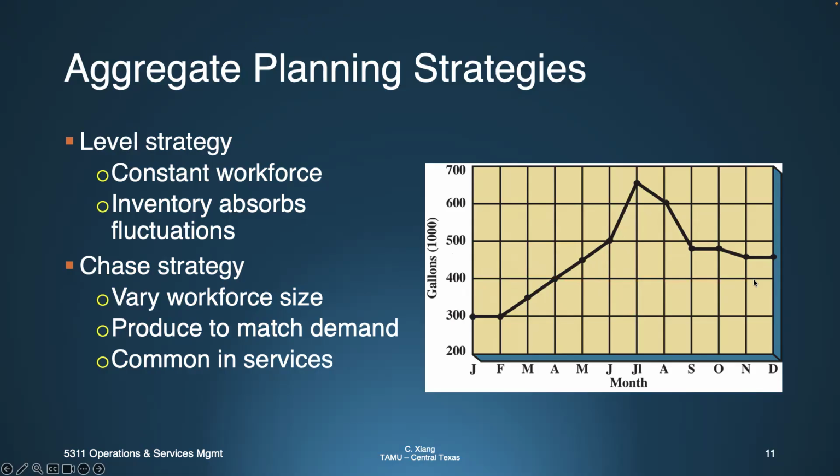Therefore, for law firms, consulting companies, investment banking, the workforce is a level strategy at the minimum level. But for the rest of the work, they require overtime. So for those industries, it's very common to work 80 hours per week, right? As overtime. So different industries, different situations, maybe preferring different strategies, level or chase.